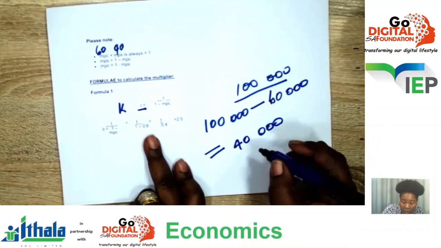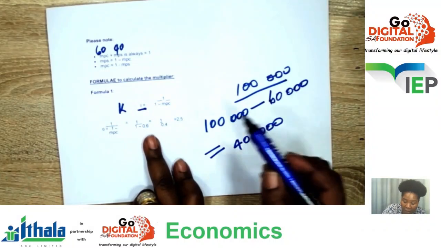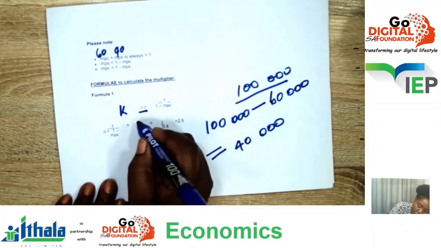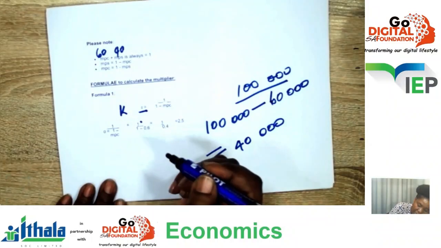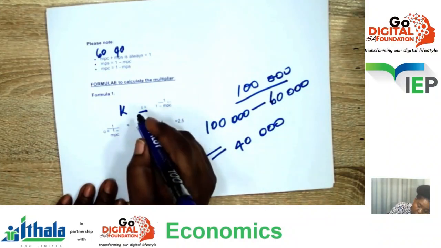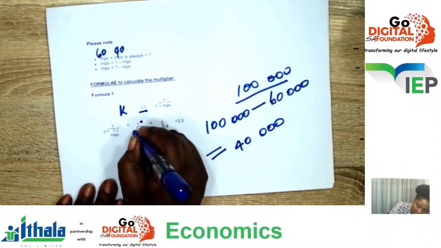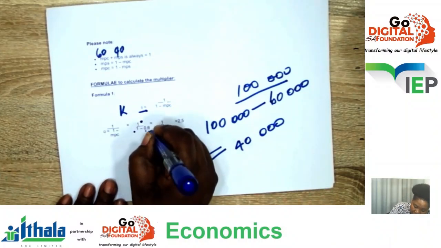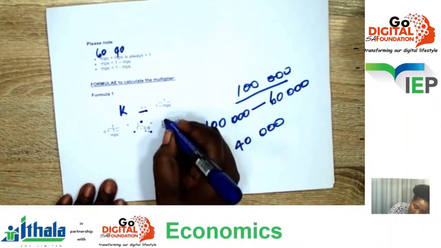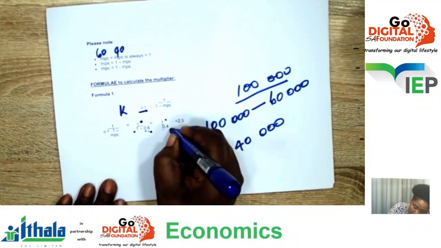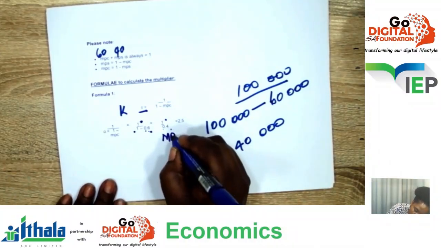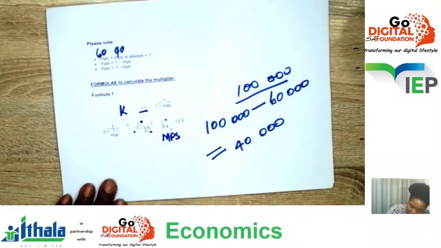When we change that into units, we can say 0.4. That is why for this unit, which is 1, I said your multiplier should be 1 divided by 1 minus 0.6. That will be equal to 1 divided by 0.4. This 0.4 is your MPS, which are your savings.